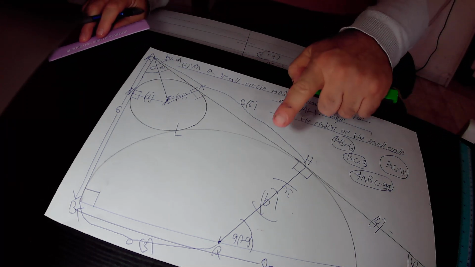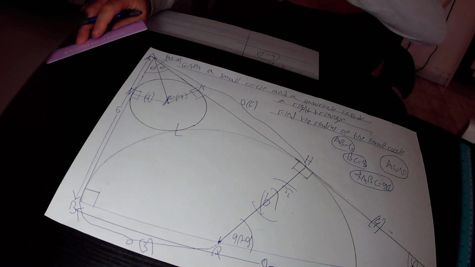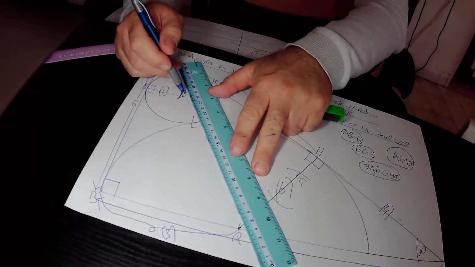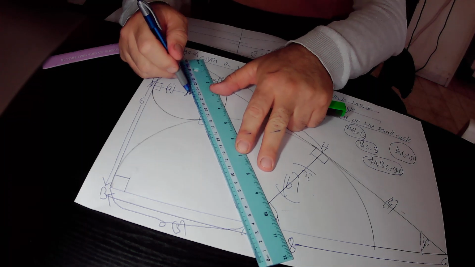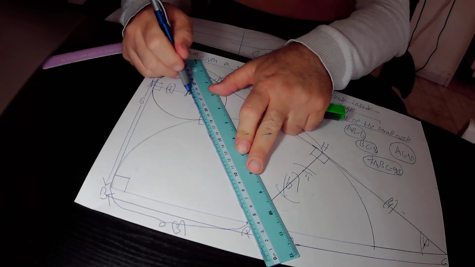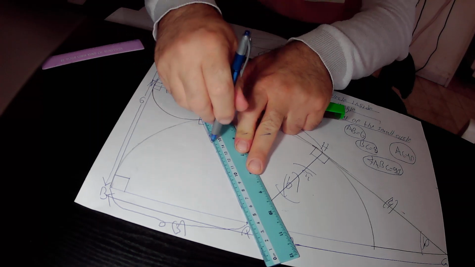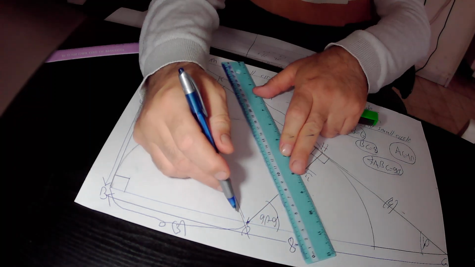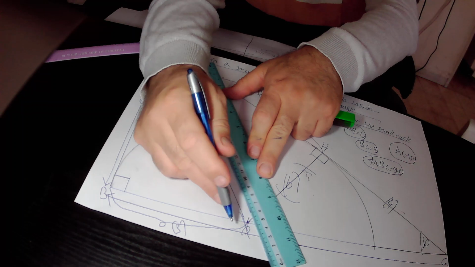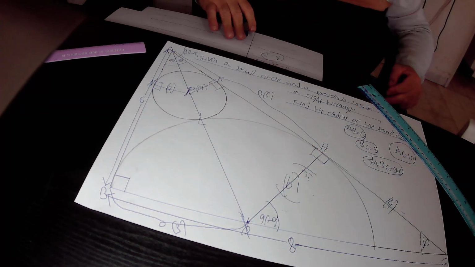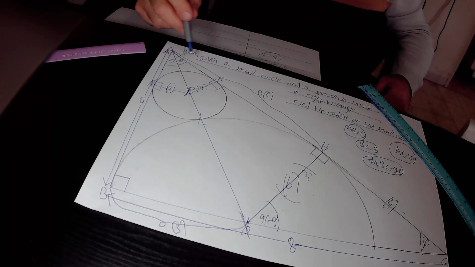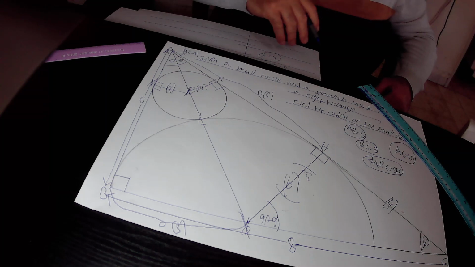So I draw the angle bisector QA, and it, of course, passes through point Q, that is the center of this big semicircle. In conclusion, the angle bisector of the same angle A passes through point Q, that is the center of this big semicircle.